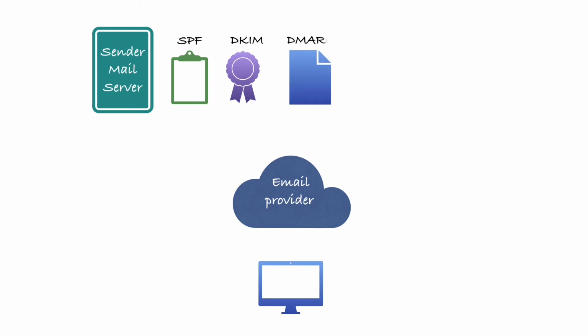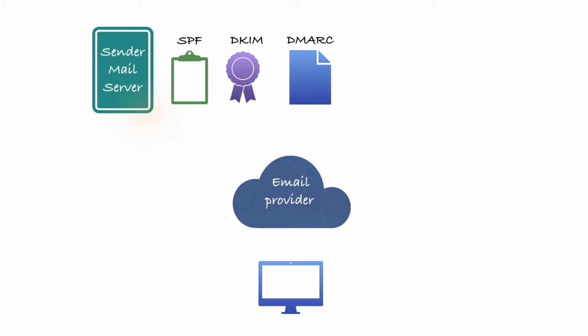By enabling a DMARC policy, the sender can let the receiver know that they have SPF and DKIM configured and also suggest what action to take if SPF or DKIM fails. Actions such as reject, quarantine, or report. If rejected, the email will not be delivered to the receiver.